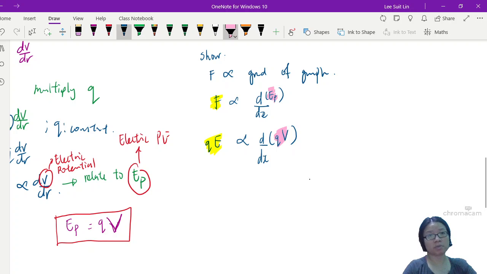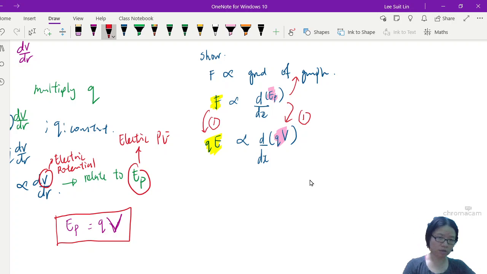So from here you can tell that the important relationship is here to here. So this is 1 mark. Important relationship is here to here, and don't forget to relate back to this one. So the first mark already written, force is proportional to electric field strength.